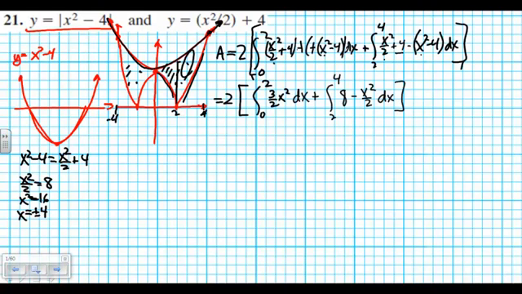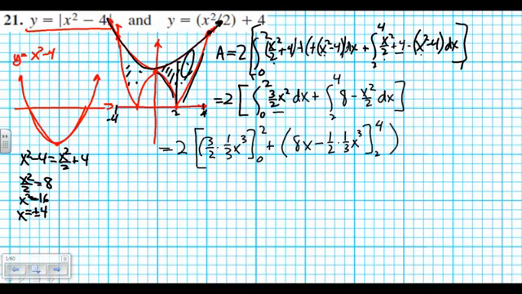Now let's do some antiderivatives. Continuing on down here, still got the 2 out in front. The antiderivative of that term is going to be 3/2 times 1/3 x cubed evaluated from 0 to 2, plus 8x minus 1/2 times 1/3 x cubed evaluated from 2 to 4. If we evaluate these expressions on their bounds, let's get rid of those 3's.